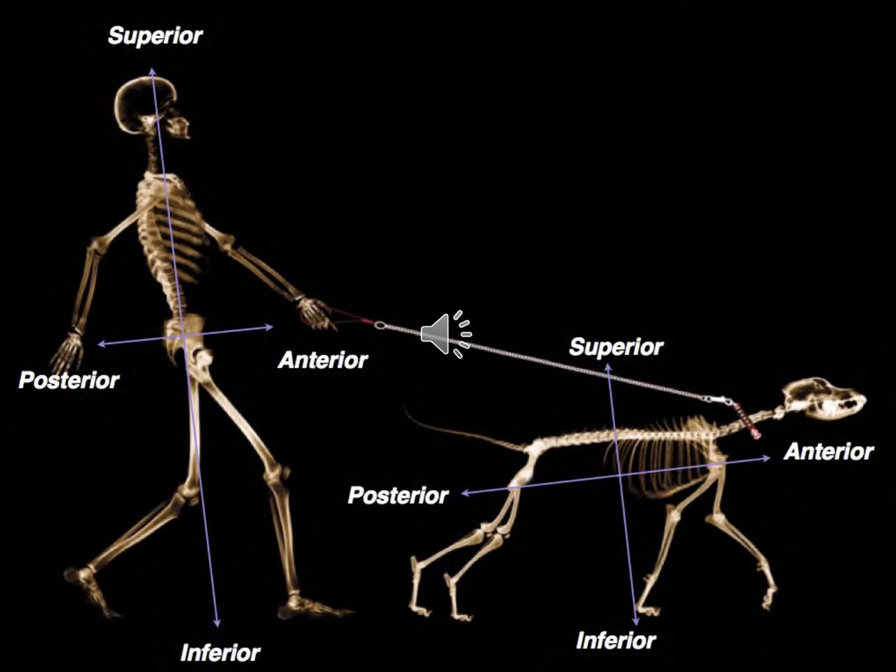Superior means the highest, the top. Super means on top or above. And that would mean that inferior is just the opposite, which is below. You can also think of superior as closer to the skull or the cranium, and inferior closer to the tailbone, sacrum, or coccyx.